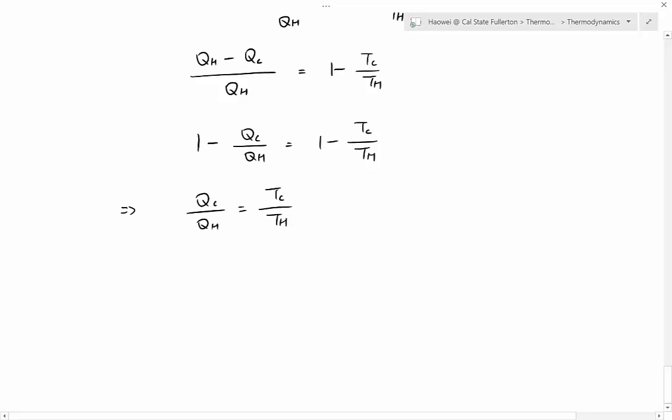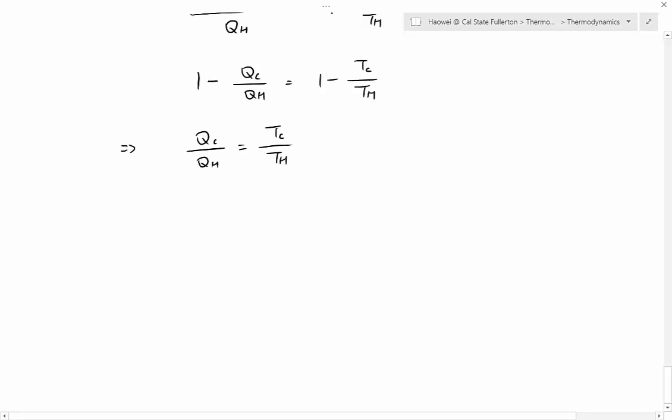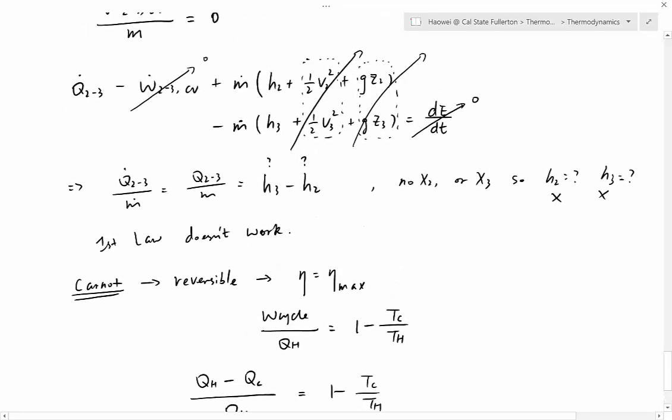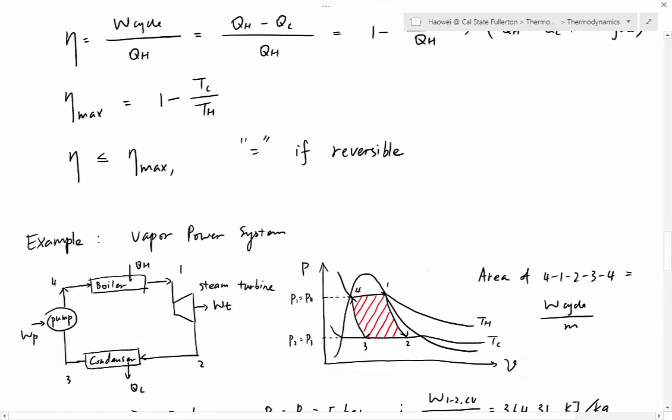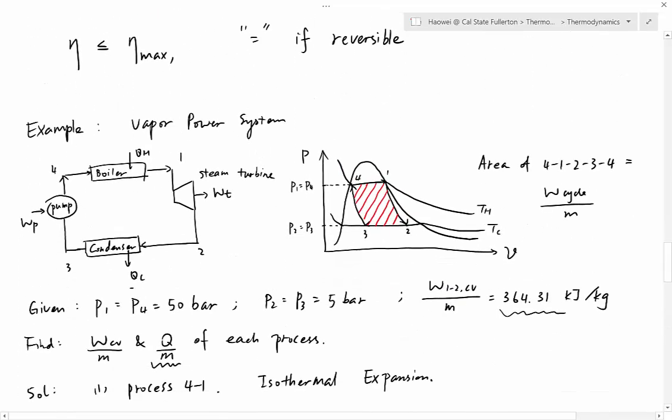Okay, so next one. Which one is QC? Which step gives you QC? Let's go back to the diagram. QC, losing heat. Which step loses heat? 223. So we can rewrite QC to Q223. And what is Q hot? Q hot is gaining heat. That's in process 421.